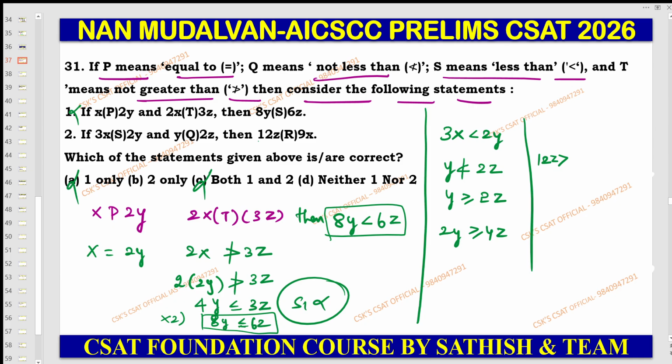Here in the question R was missing: P, Q, S, T, R. Please check the question paper. Give me 1 minute, whether R is present in the question. If anybody has the question paper, please check the 31st question.